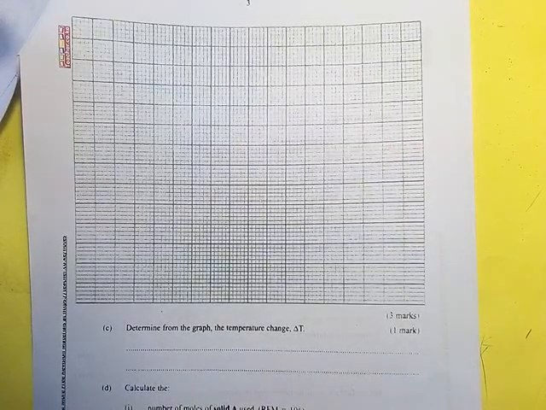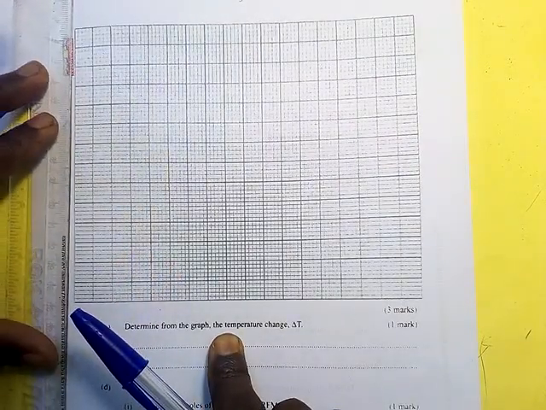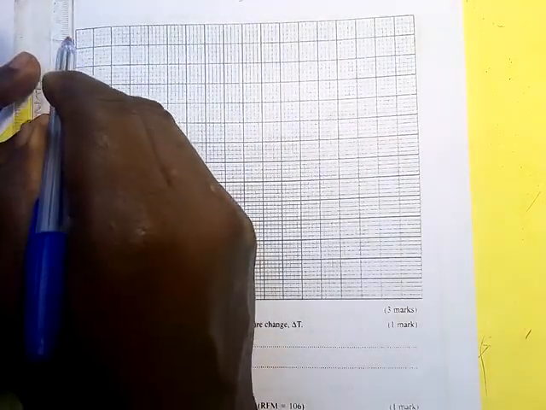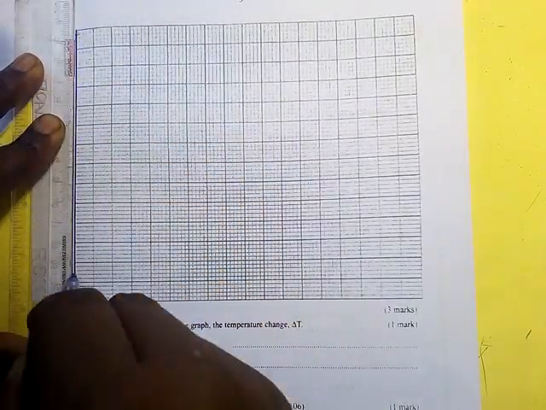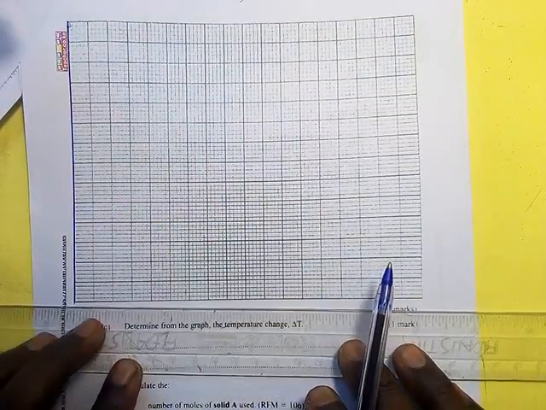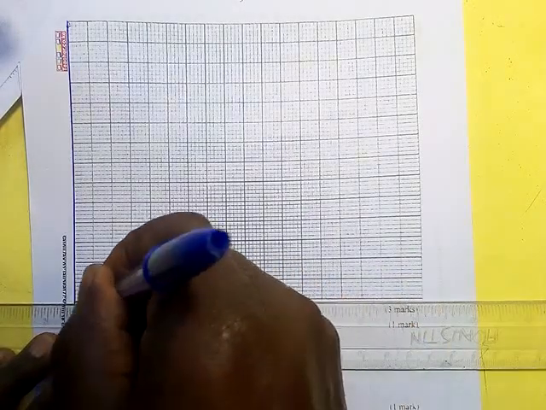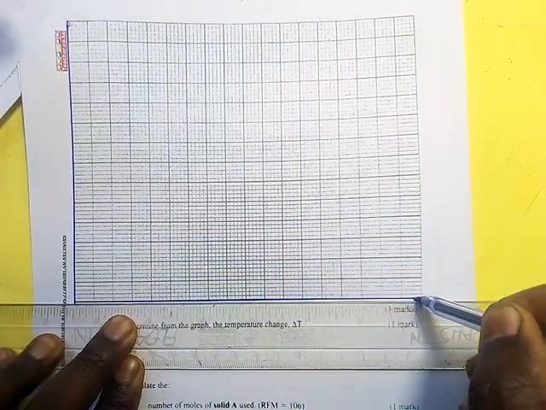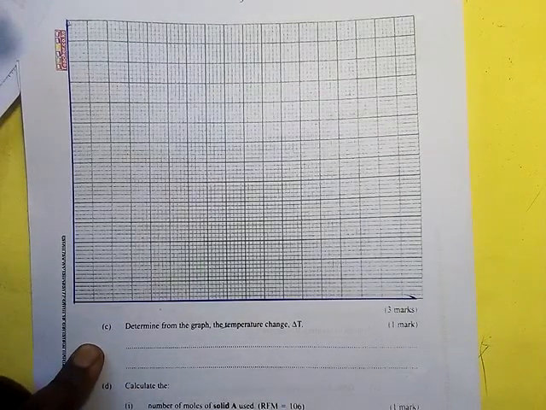Now let us draw a graph. You take your ruler, you draw the y-axis like that. Draw the x-axis like this. After drawing that, label the x and the y-axis.